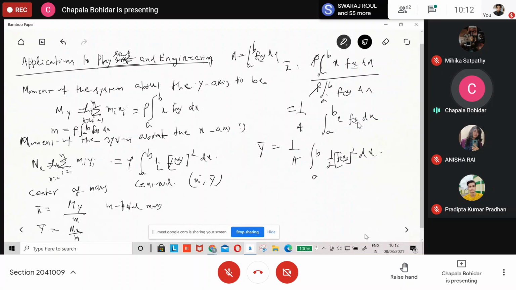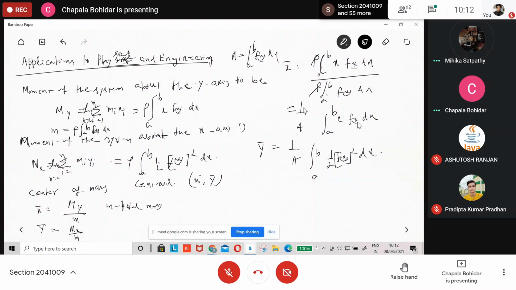Have I done some problem or not? I'm asking you. No, ma'am. Yes, ma'am, some example is already done. Example: find the centroid of the region bounded by the curve y is equal to cos x. It is done.